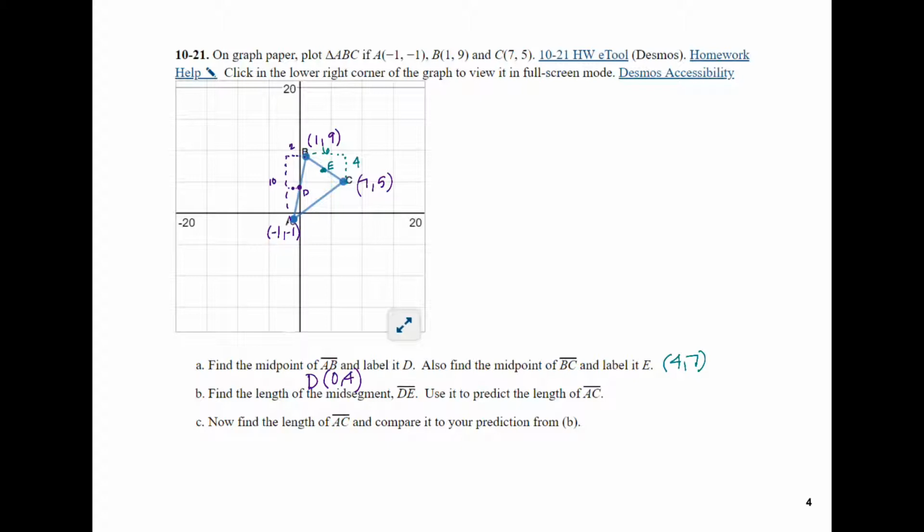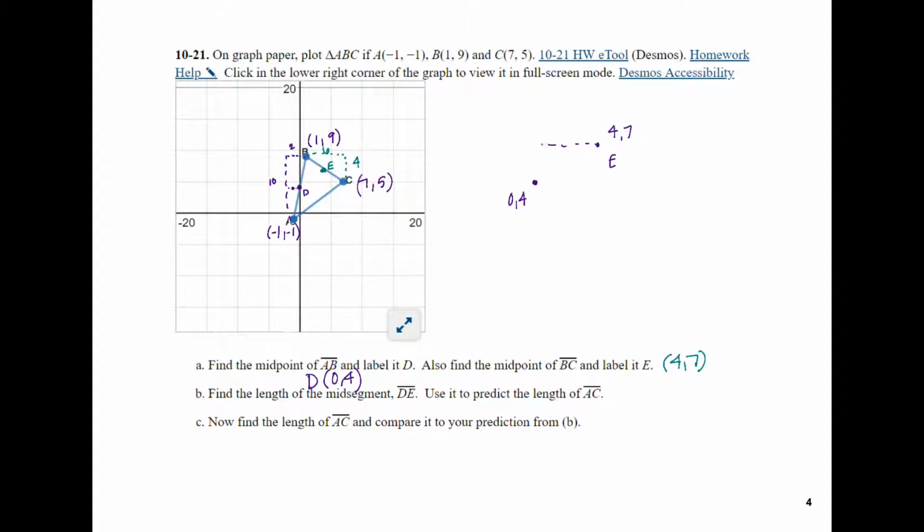If we needed to find the length of that, we could use those ordered pairs. D is at 0, 4. E is at 4, 7.